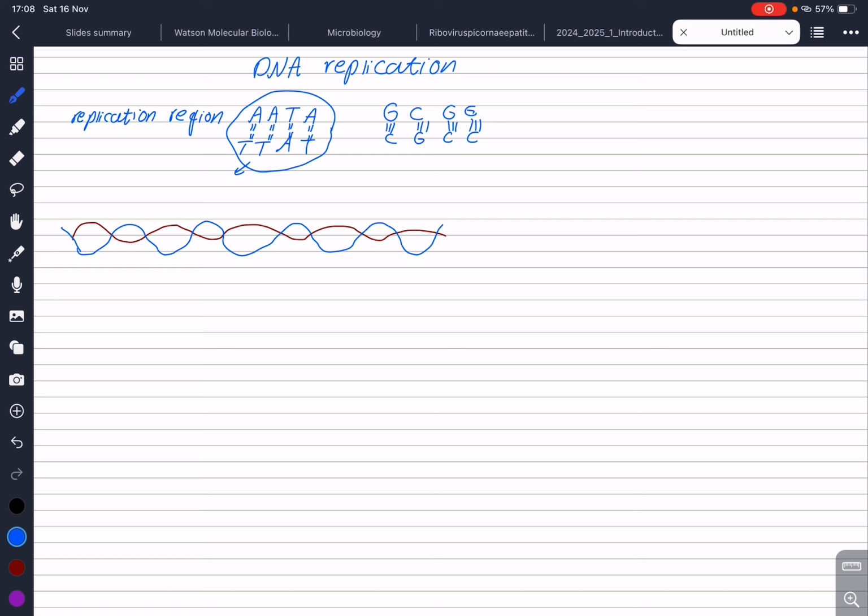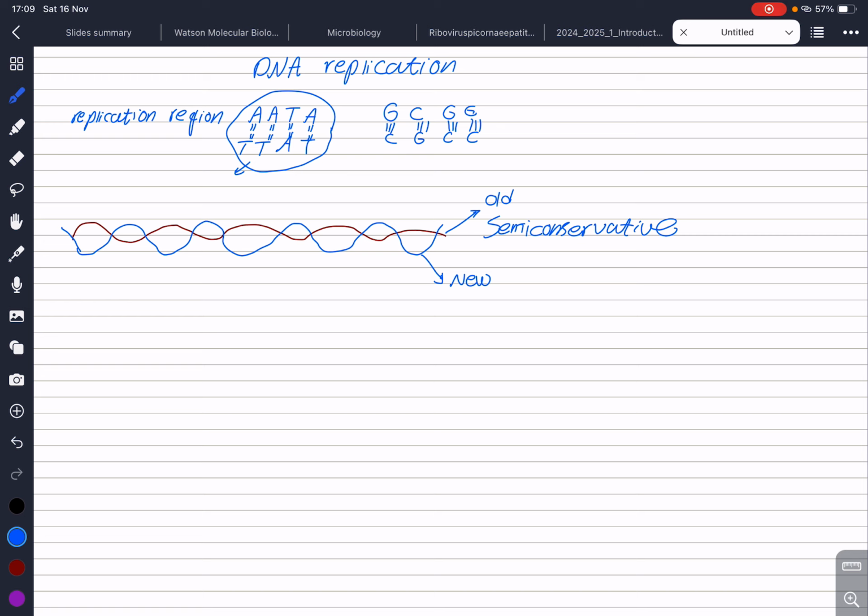It means that after the replication has been done, we have one strand that is from the old DNA, and another strand that is newly replicated or produced.